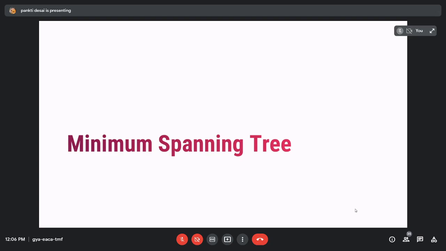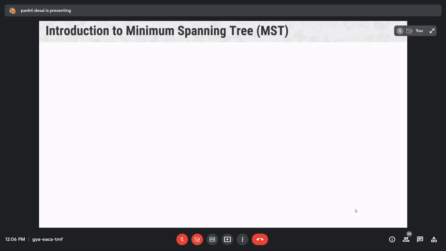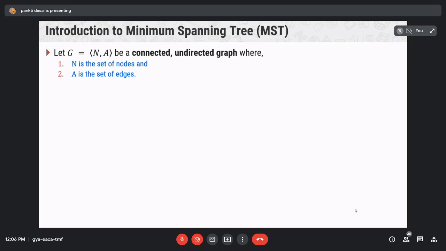So before we understand those two algorithms, let us first understand what is a spanning tree and what is a minimum spanning tree. Take G equals (N, A). G is a graph, a connected and undirected graph, where capital N is the set of nodes and A is the set of edges.